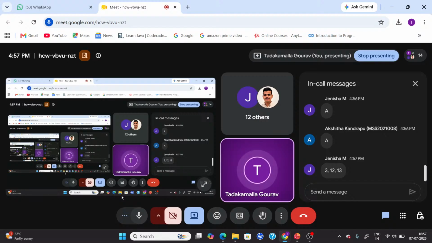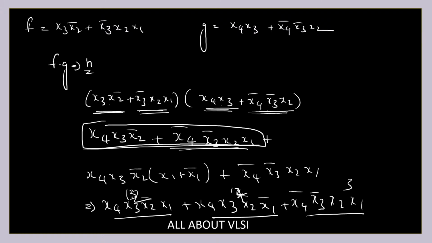Yeah. This is x1, right? Sorry, this is x1, which is 13. Okay. And this is x1 complement, which is 12, and this is 3. Yes, 3, 12, 13. Option A.